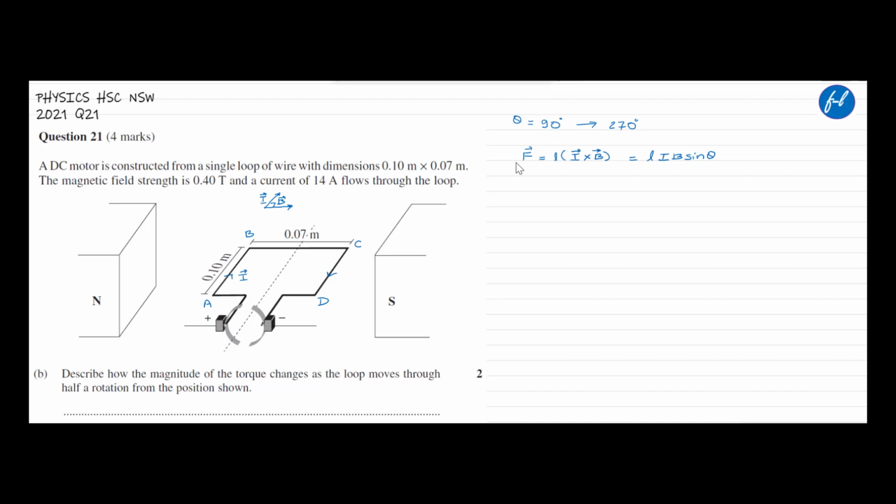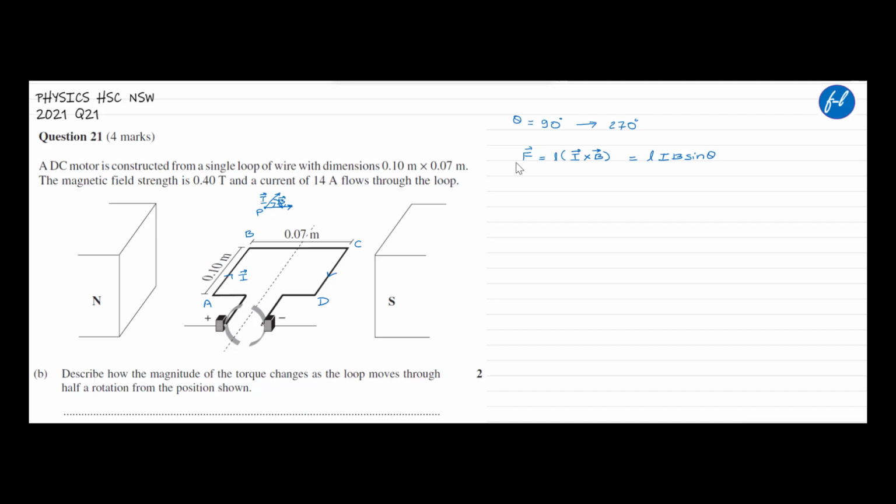So if I put a screwdriver at this point P and rotate the screwdriver through the smaller angle from I to B, I am rotating through 90 degrees.